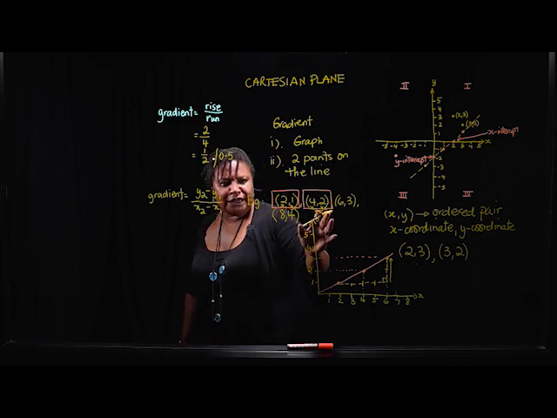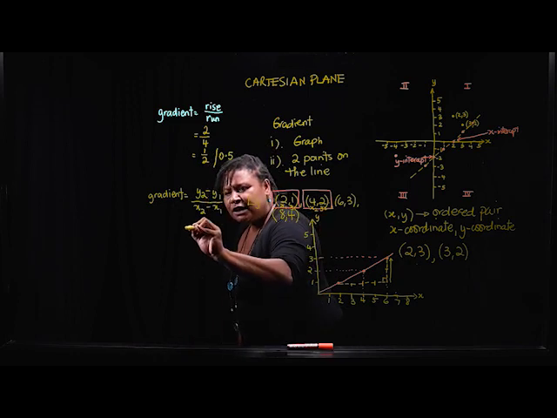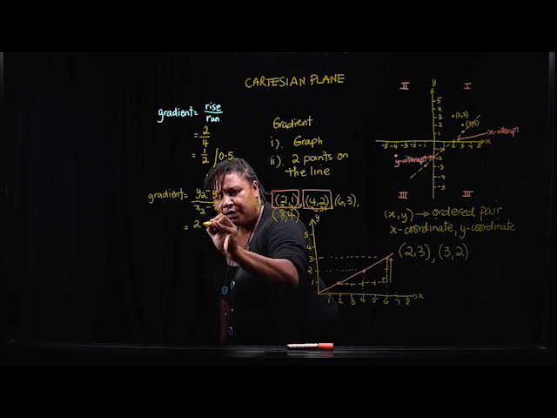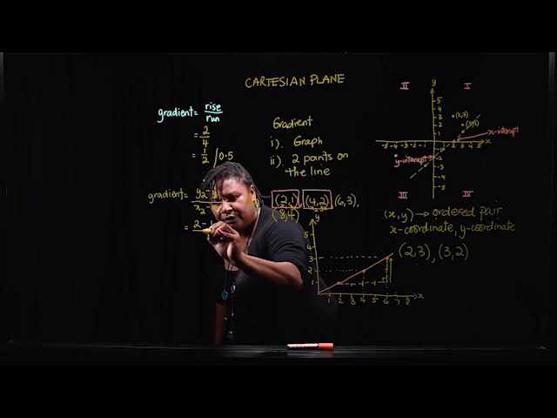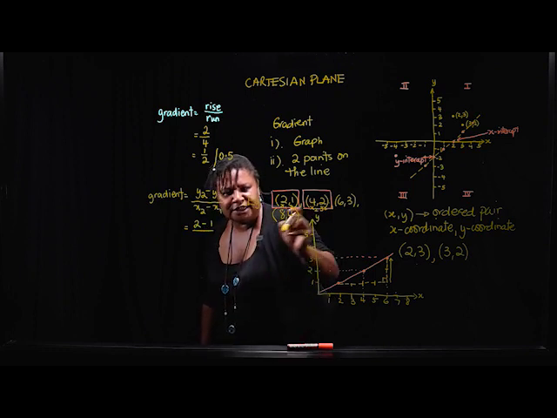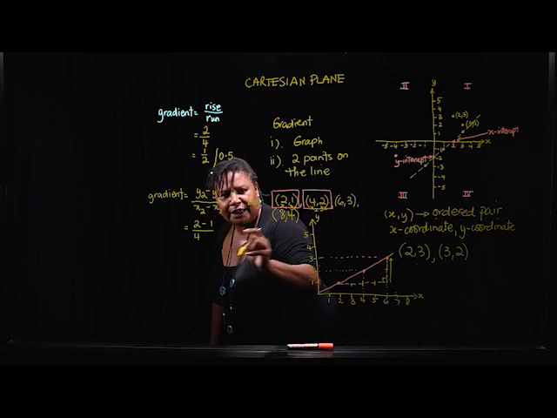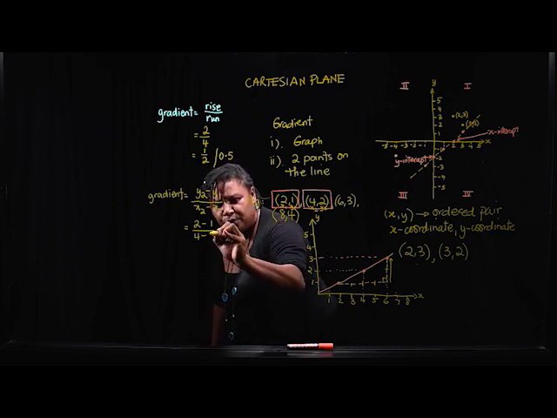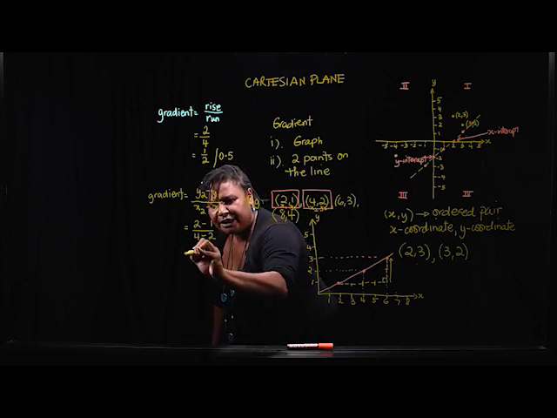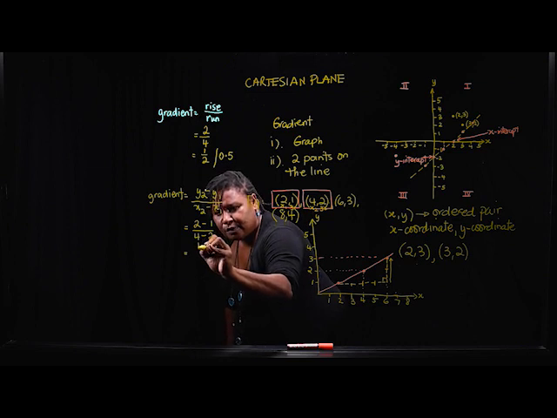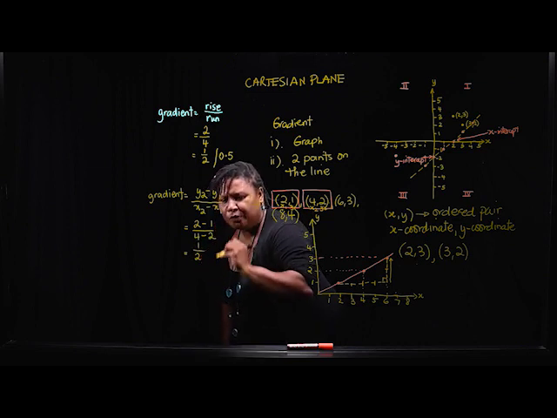So from your coordinates, y2 is 2 and y1 is 1, over x2 is 4 and x1 is 2. All right, simplify this. 2 minus 1 is 1 over 4 minus 2 is 2.